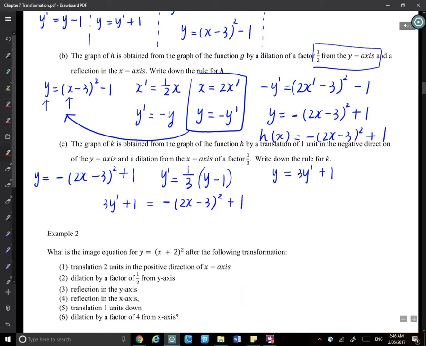So I can subtract 1 from both sides first. The 1 just disappeared. And then I can divide by 3 on both sides. So that's y equals negative a third (2x - 3)². That is my k(x). k(x) equals negative a third (2x - 3)².